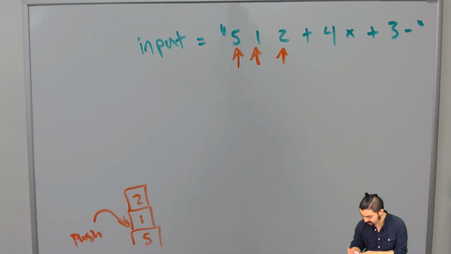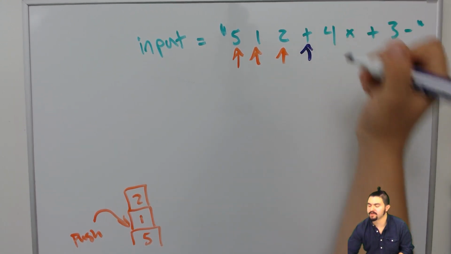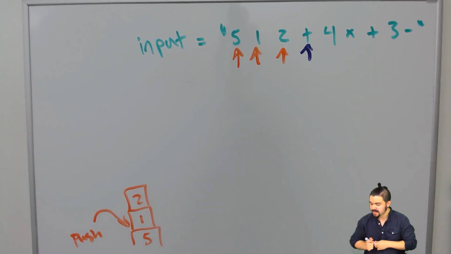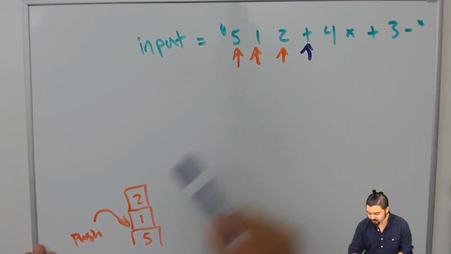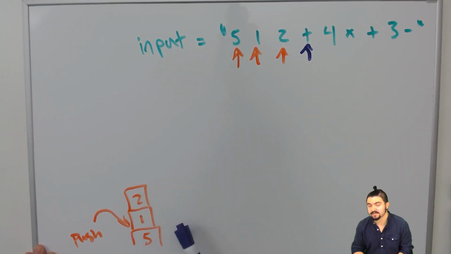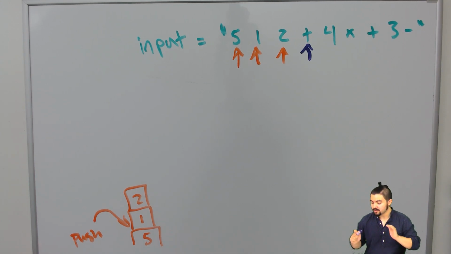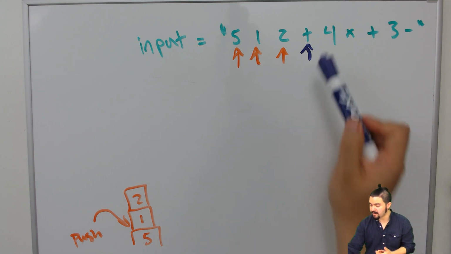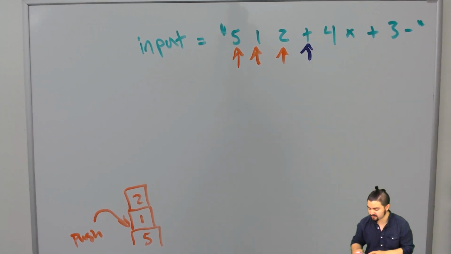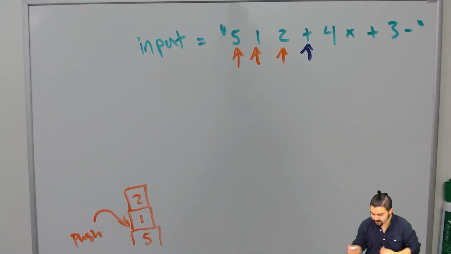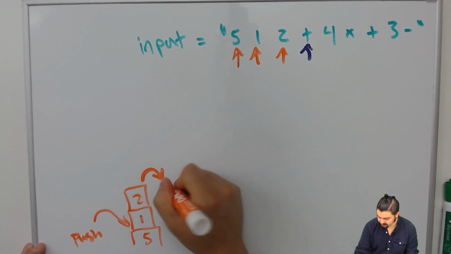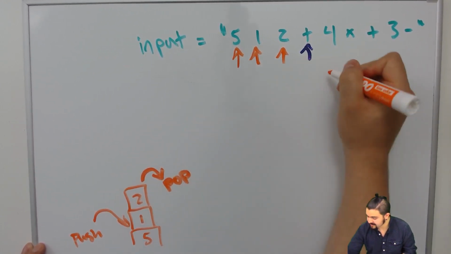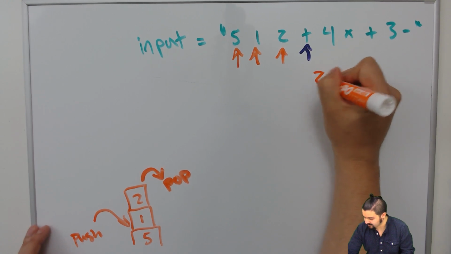And then we come across an operator. Sorry, these are operands, that's an operator. And what it tells us to do is to pop off the last 2 values, and those are the left and right operand to perform with that specific operation. So we pop off 2, that's going to be our right operand.